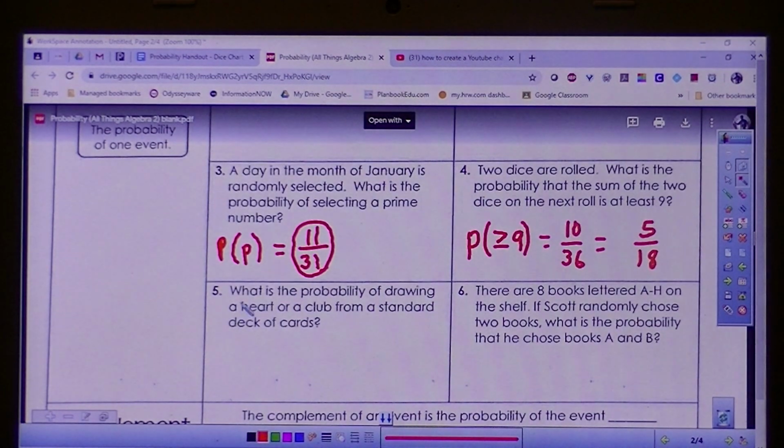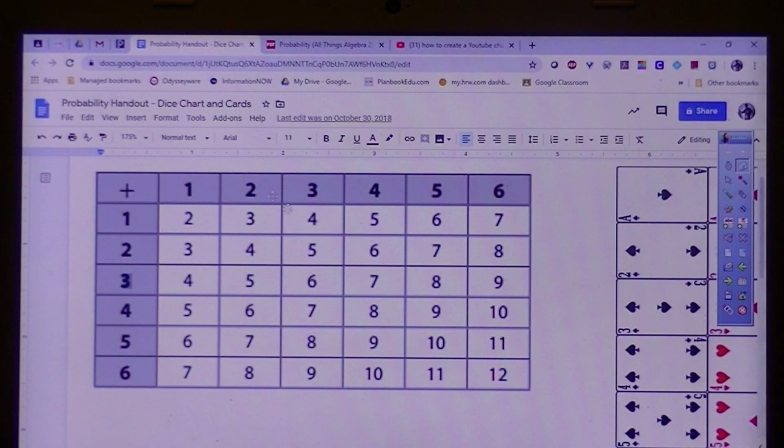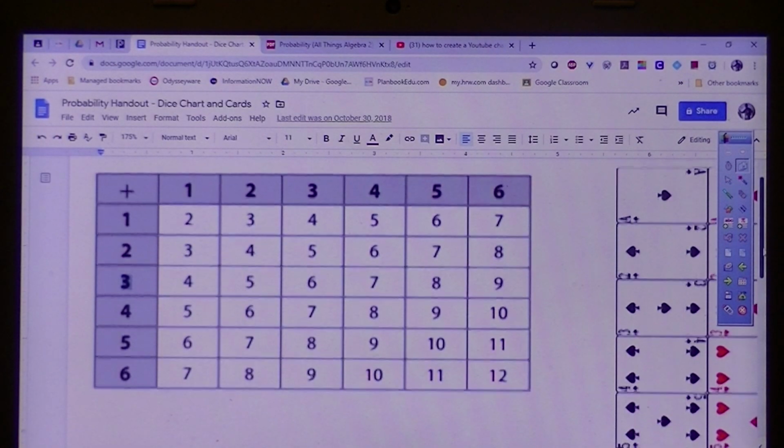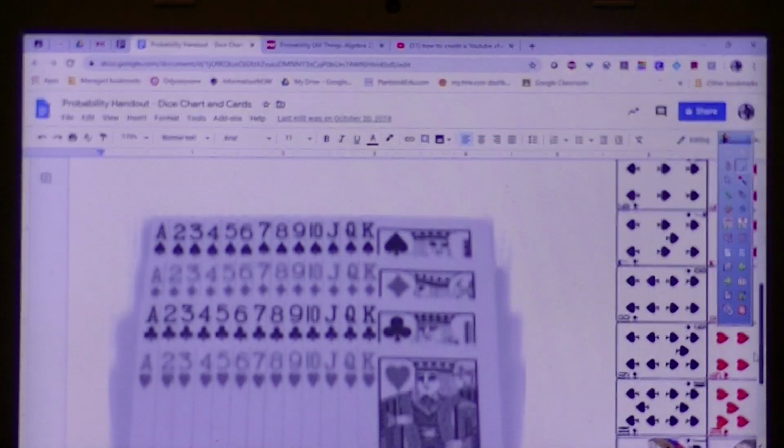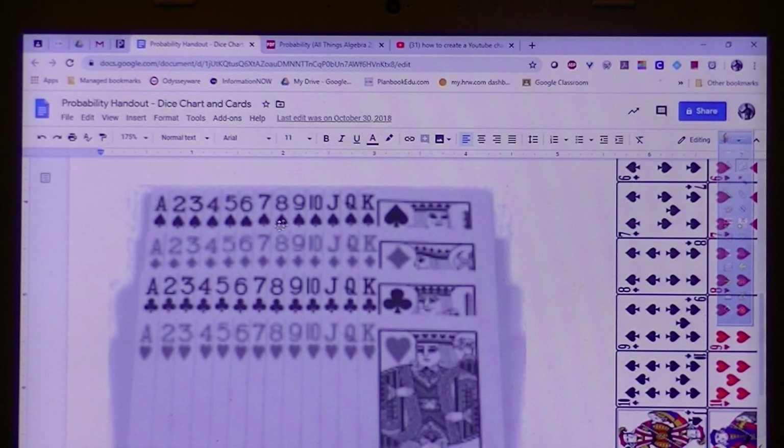Now number 5, it says, what's the probability of drawing a heart or a club from a standard deck of cards? Okay. Well, we're going to have to do a little mini lesson on that too, probably here, aren't we? Okay, so let's scroll down here. That's what this right here is for. Well, this first row is spades.